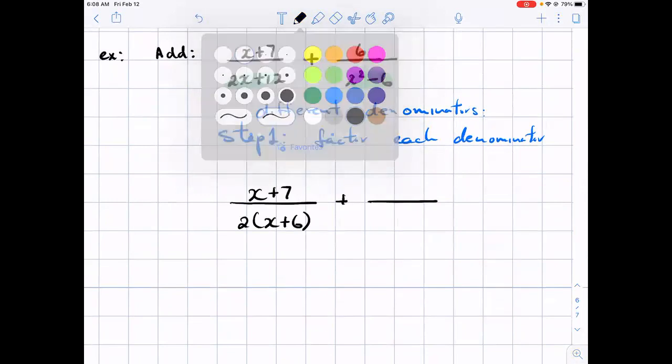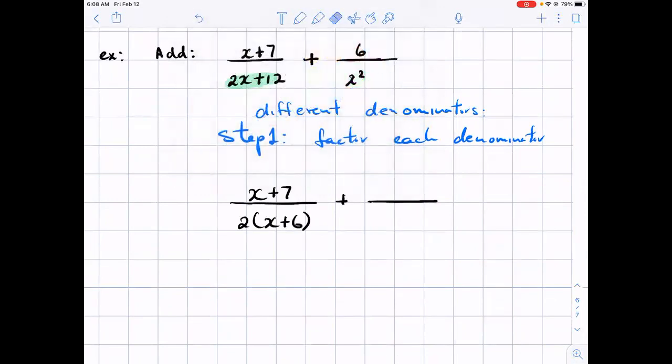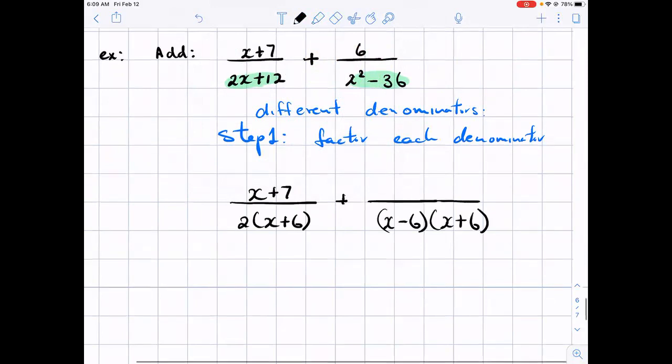Let's change this here. Make it x squared minus 36. Okay. So now we can factor that denominator as x minus 6 times x plus 6, because it's difference of squares, right? X squared minus 6 squared. And the numerator stays the same as 6.